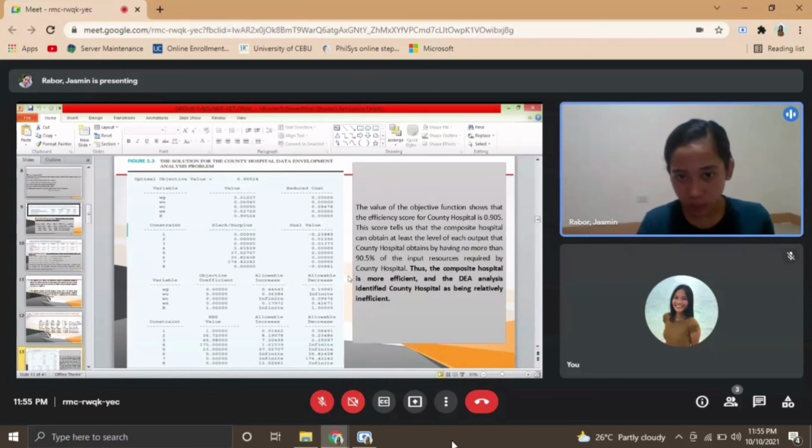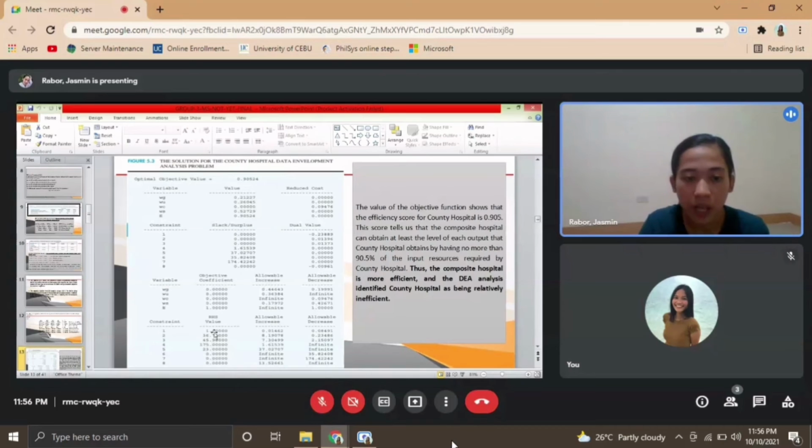And it is also shown in here the dual value of the constraints. And the objective coefficient for the E, the efficiency index, has a value of 1. And for the constraints, it also has its right hand side value, which is computed by multiplying the output value or input value of the county hospital to its value, which is 0.